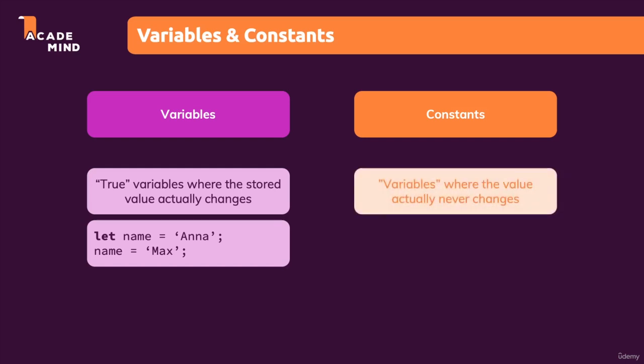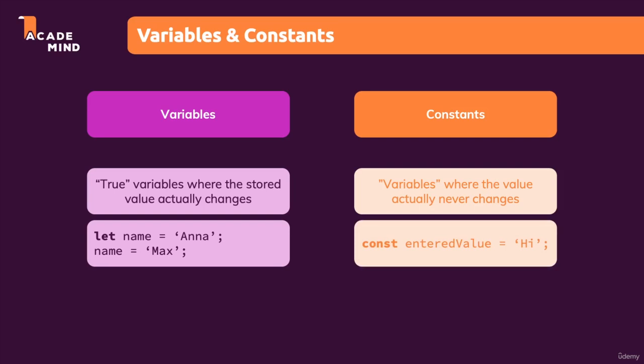So variables where the value actually never changes are called constants. And therefore the name variable is a bit strange because they're not really variable, but variable is a general term in programming describing these data containers, and therefore in JavaScript we also call constants variables.